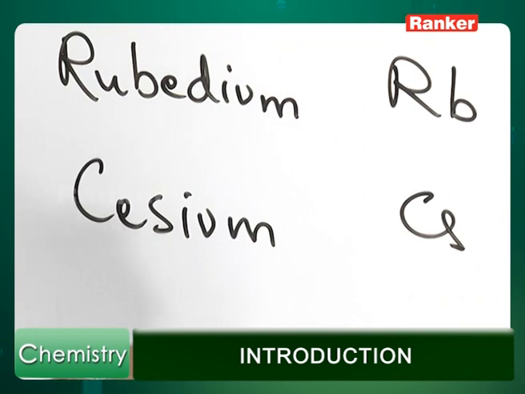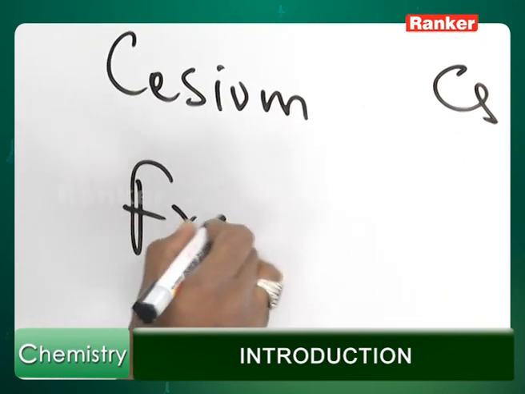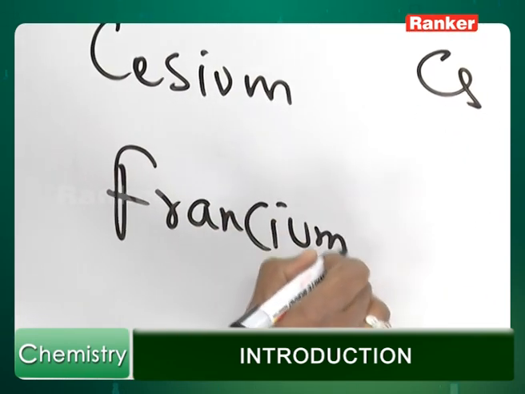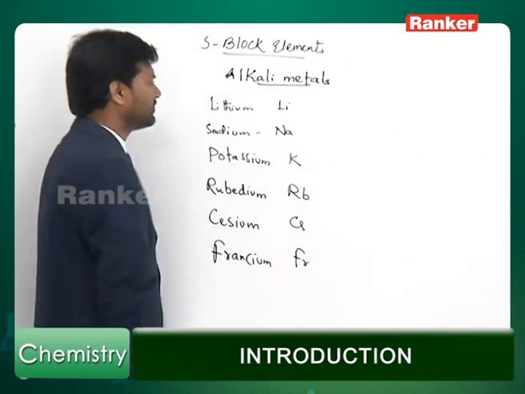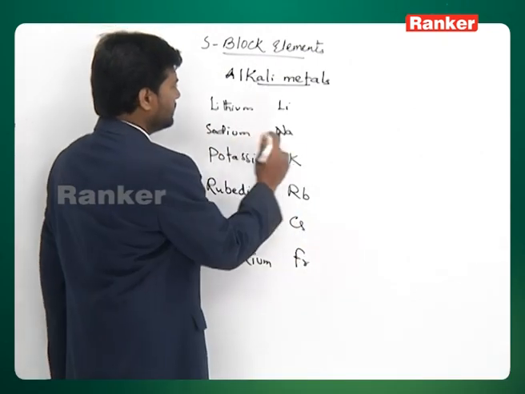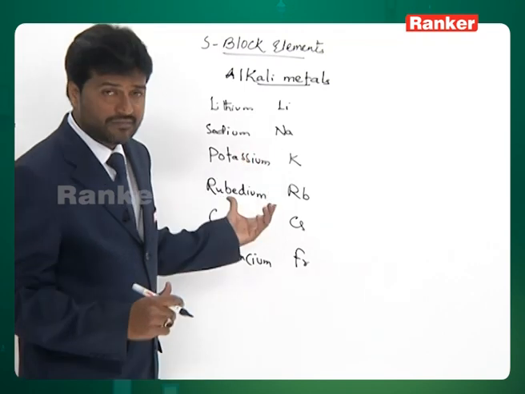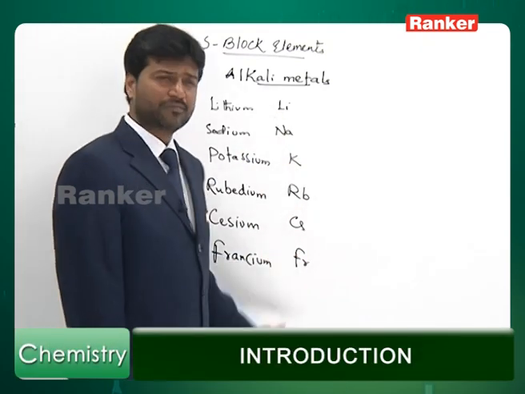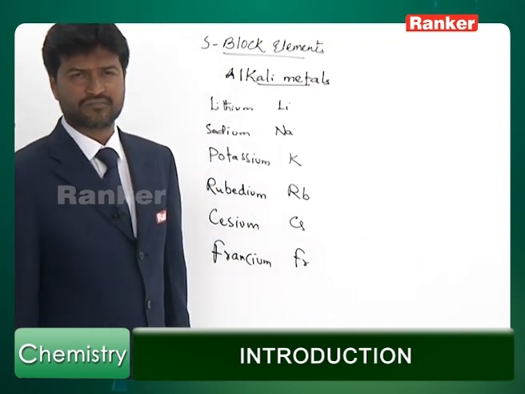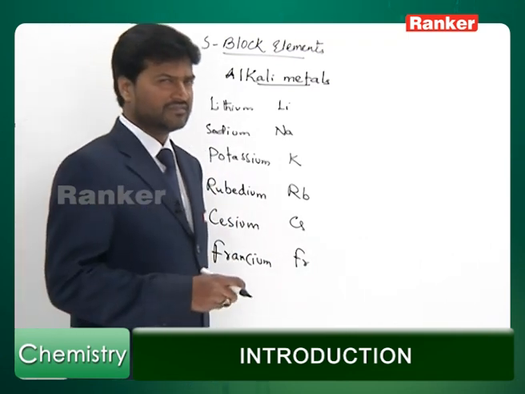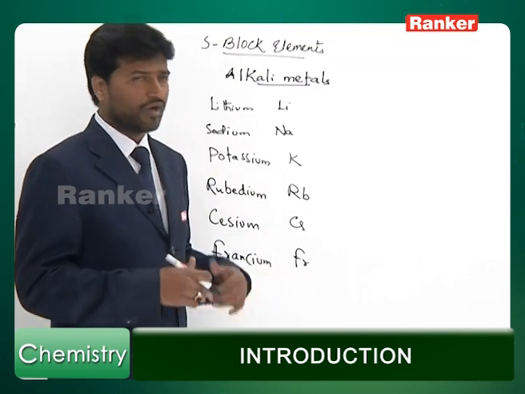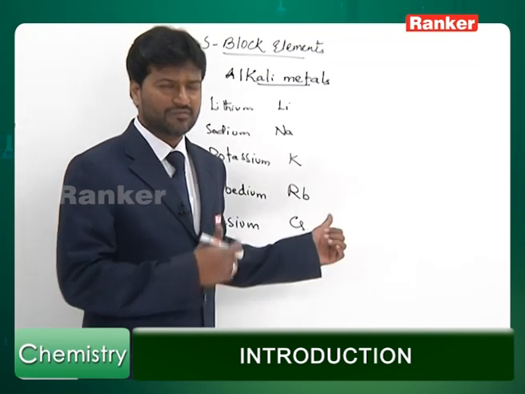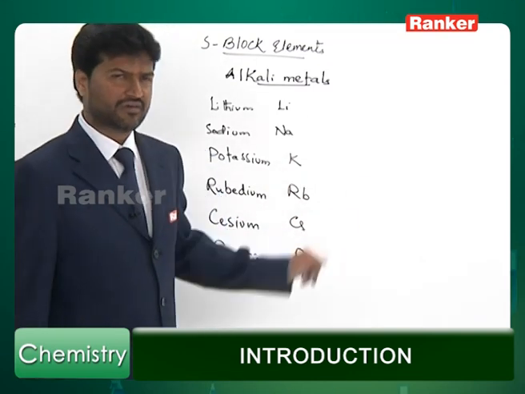Cesium, Cs, and francium, Fr. These are the elements you have in alkali metals: lithium, sodium, potassium, rubidium, cesium, and francium. What is common for all these elements is that all of them are metals and all of them have 1 electron in their valence shell. We will be looking at the electronic configuration after a short while.